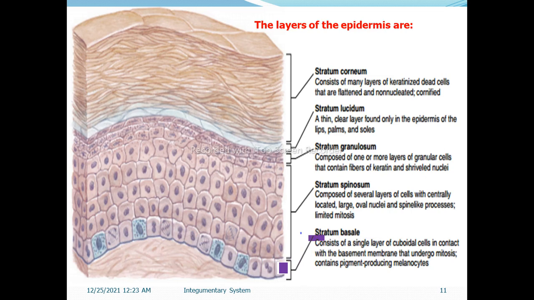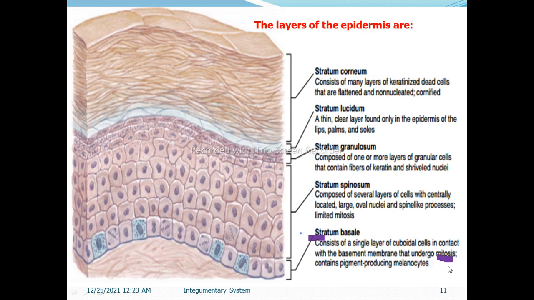It's a single layer of cuboidal cells in contact with the basement membrane that undergo mitosis. By the way, a very important thing is that this single layer is important for mitosis, that means cell division.